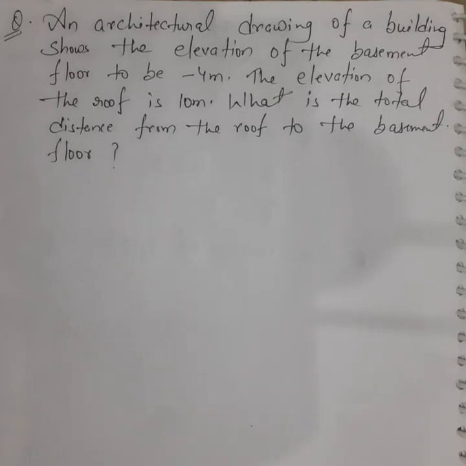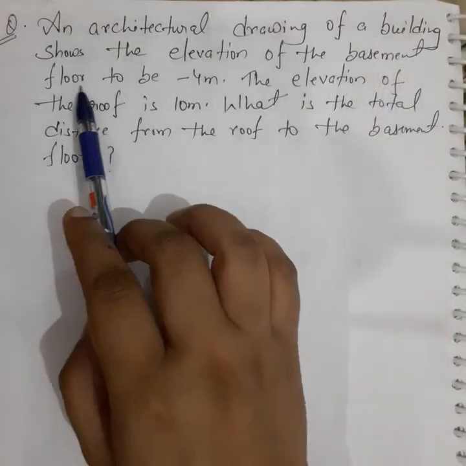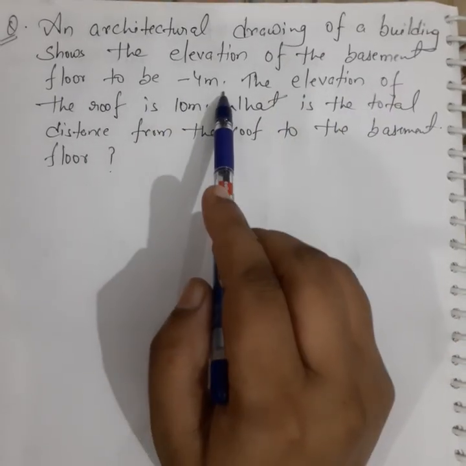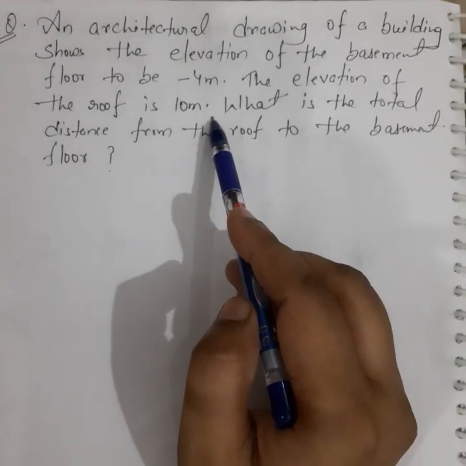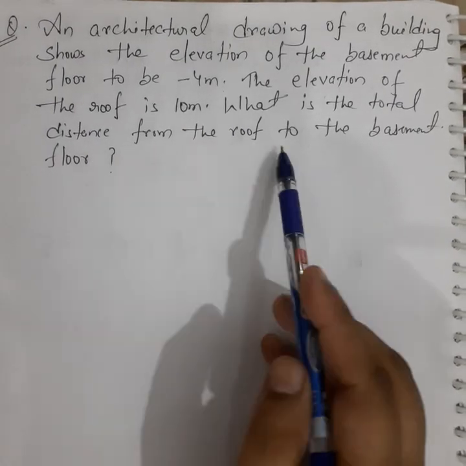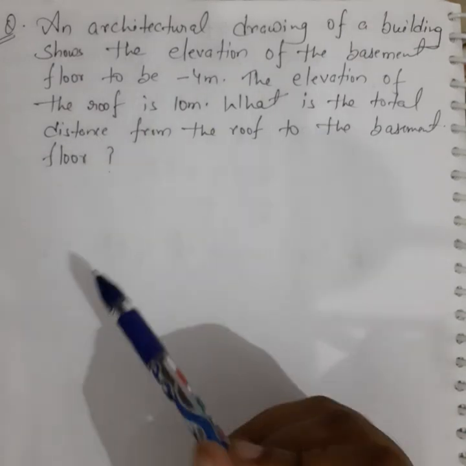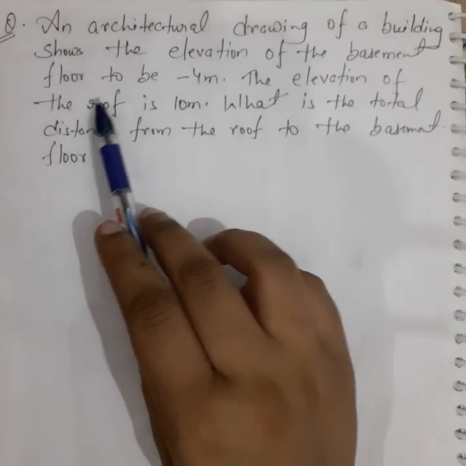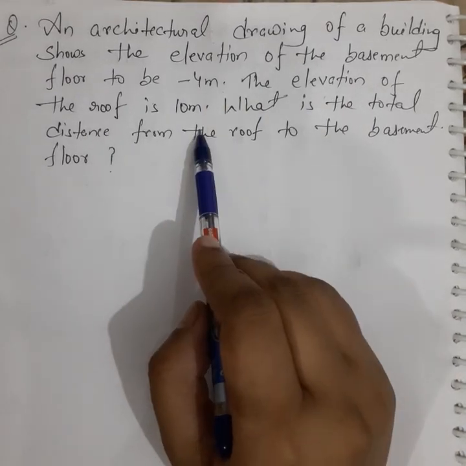Now the third question is: an architectural drawing of a building shows the elevation of the basement floor to be minus 4 meter. The elevation of the roof is 10 meter. What is the total distance from the roof to the basement floor? The drawing of a building shows that the elevation of the basement floor is minus 4 meter and the elevation of the roof is 10 meter.